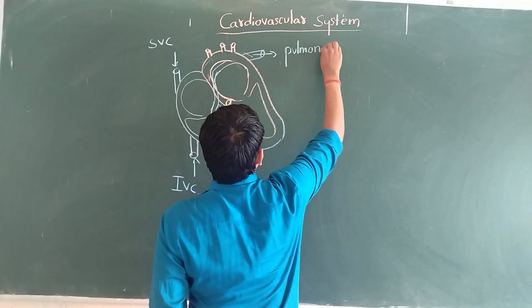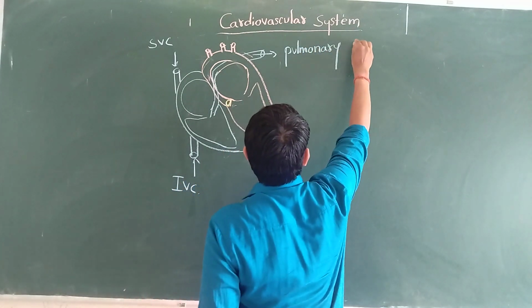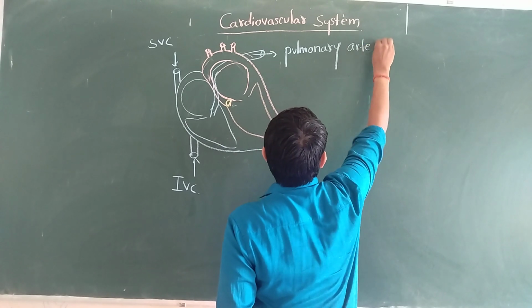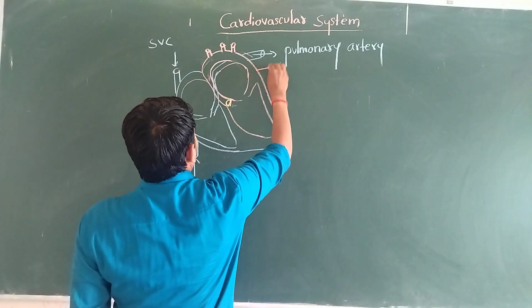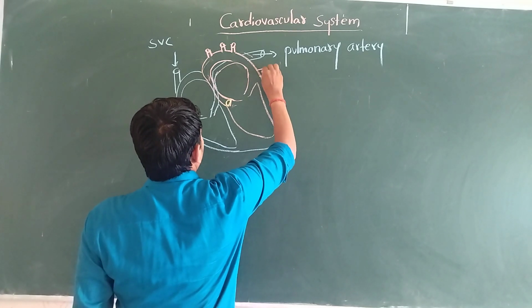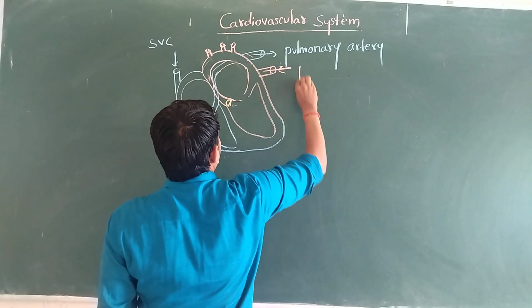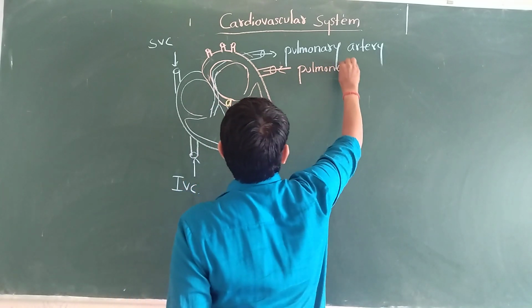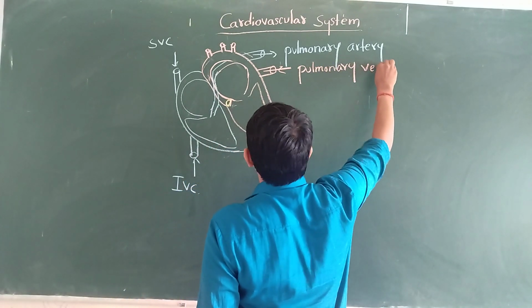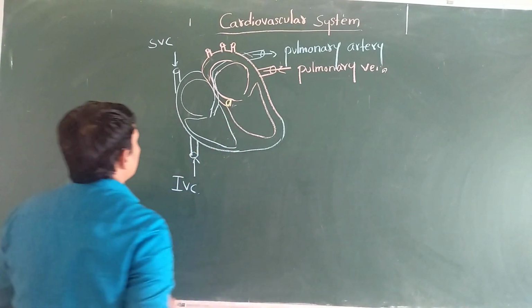The pulmonary artery is also indicated with a bluish color. Then we'll discuss the pulmonary vein. This is called the pulmonary vein. This is called the superior vena cava, inferior vena cava.